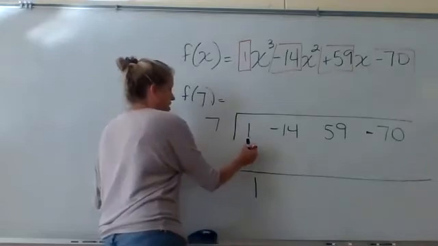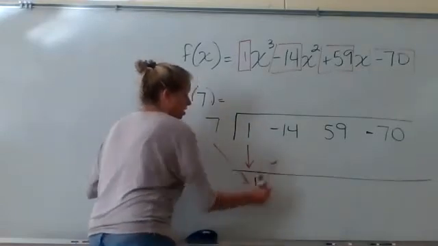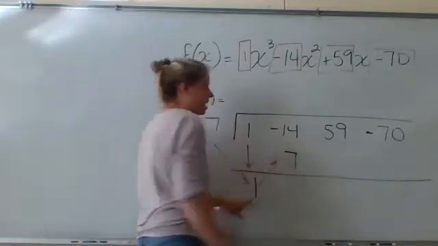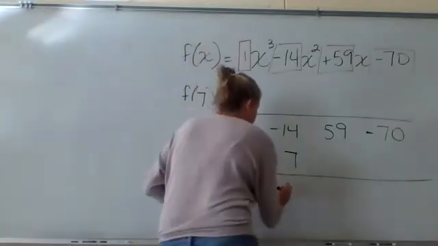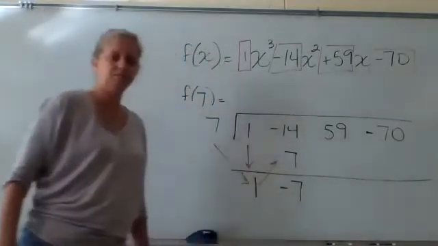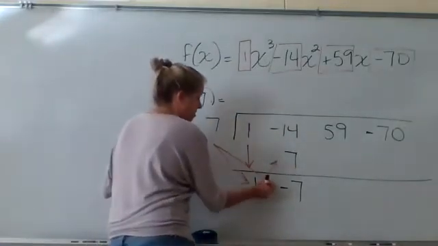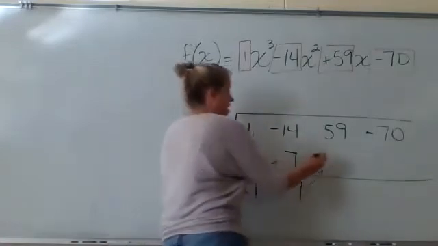Drop down your 1 again. So now you have 7 times 1. Put your answer there. 7 times 1 gives me 7. Add it straight down. Negative 14 and 7 is negative 7. 7 times negative 7 gives me negative 49.